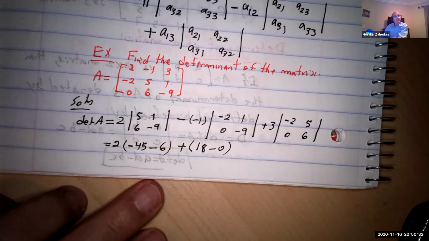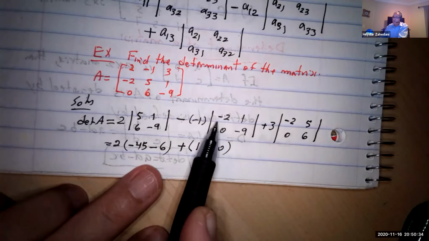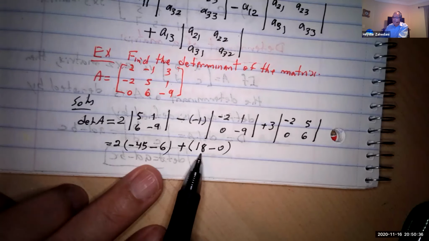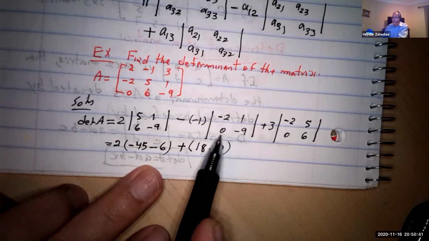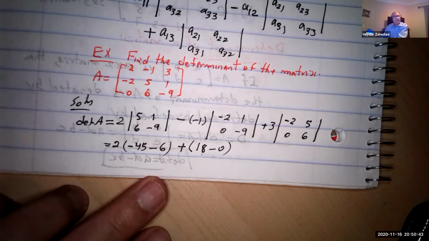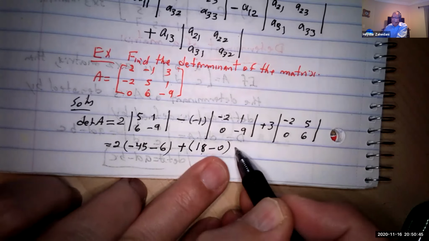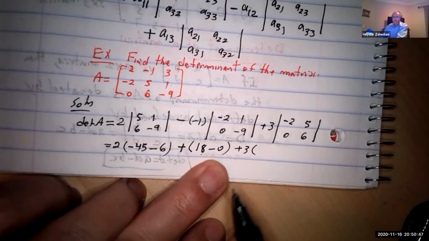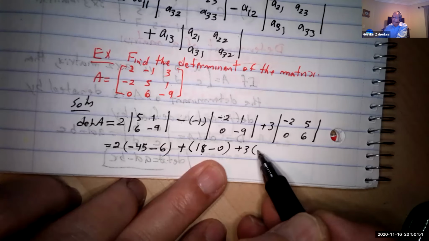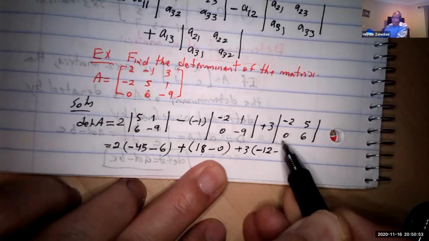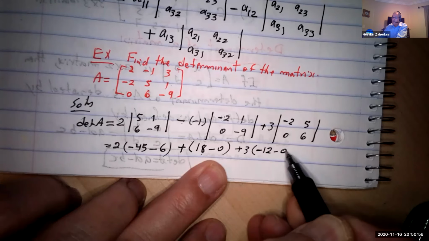That's the next one. Okay, cross multiply. -2 times -9 would be 18. It's 18 minus 1 times 0 is 0. Okay, plus 3 times, multiply -2 times 6 would be -12, minus 0 times 5 would be 0.